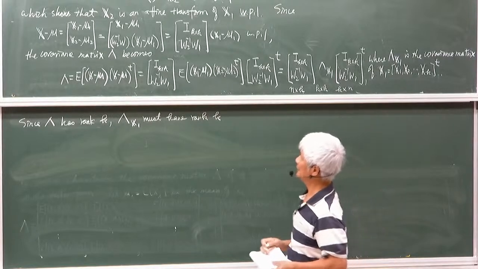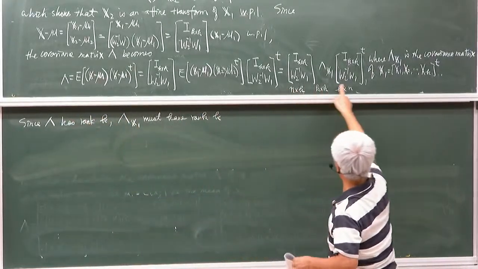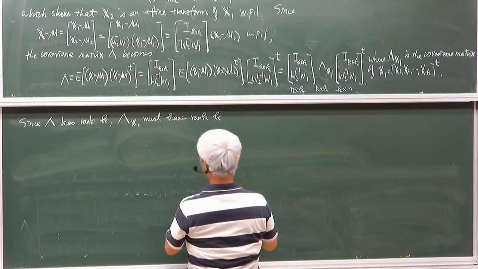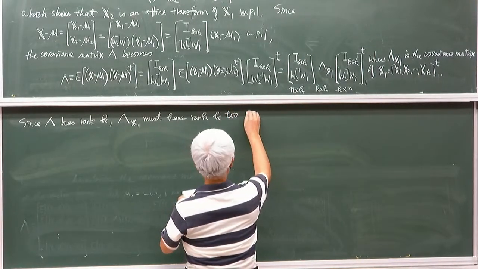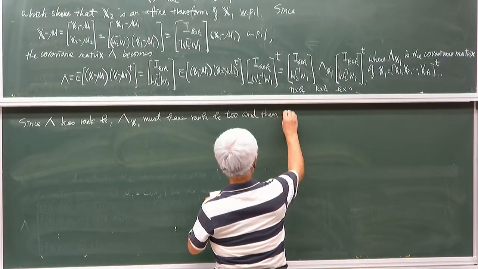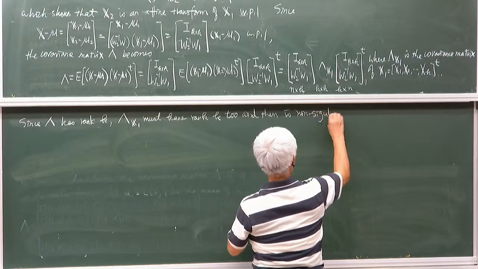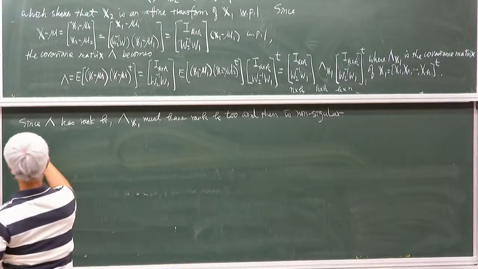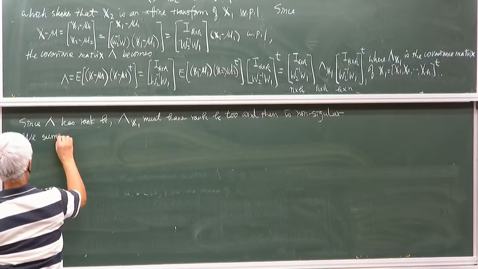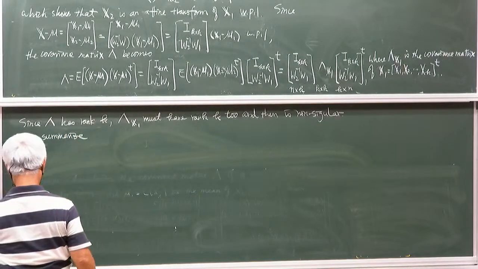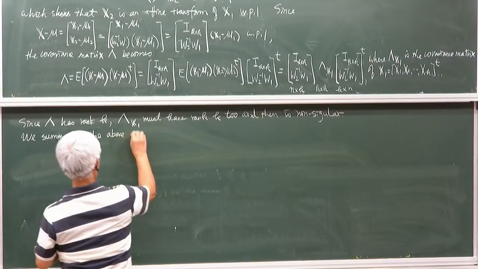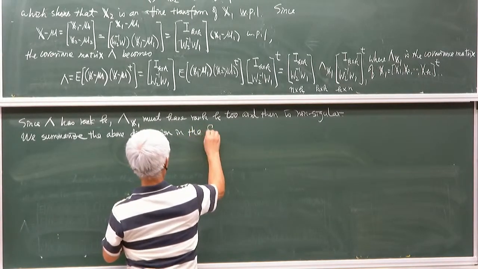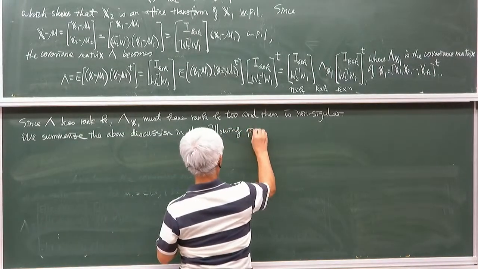Since lambda is the product of these three matrices, that must have rank k, and it's non-singular. So this matrix is non-singular, and we summarize the above discussion in the following proposition.